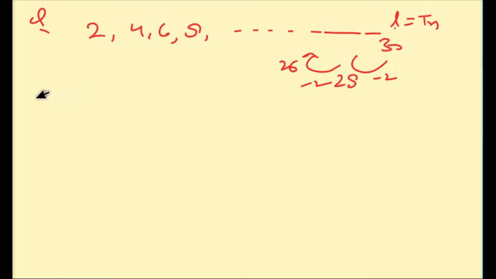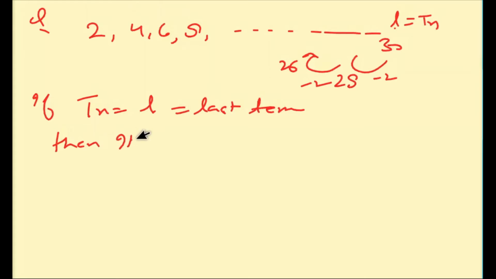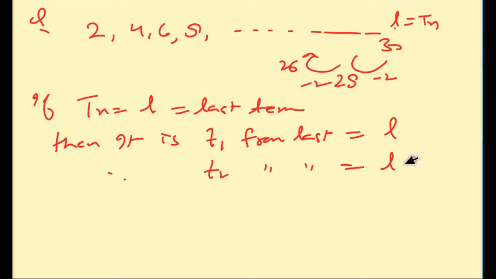Okay, now if the Tn term is the last term, let it be L. Then the first term from the last, T1 from last, is L. Hence T2 from last is L minus D. T3 from last is L minus 2D.